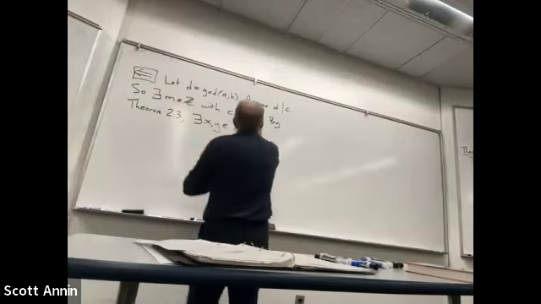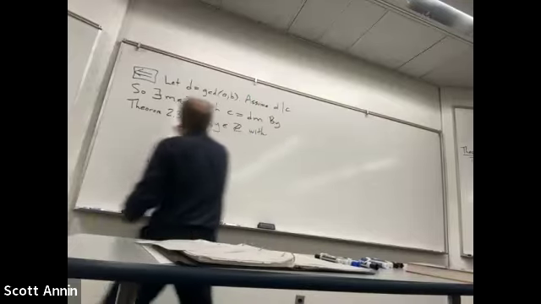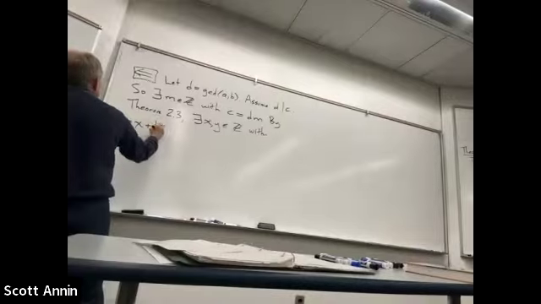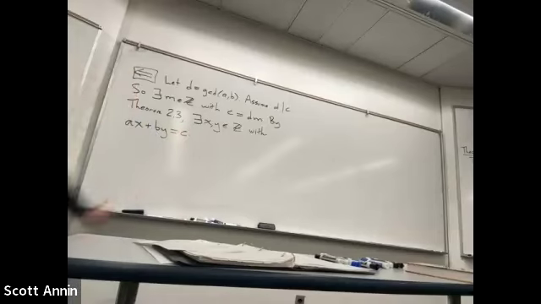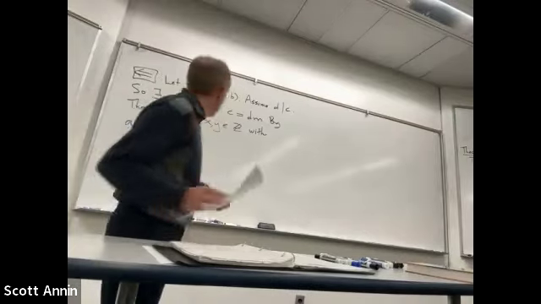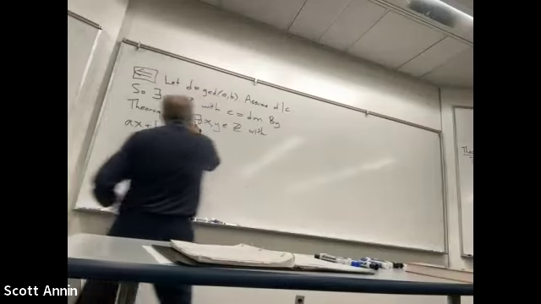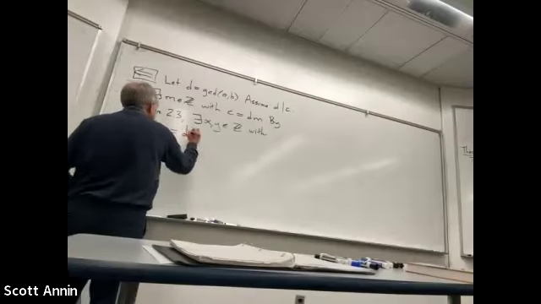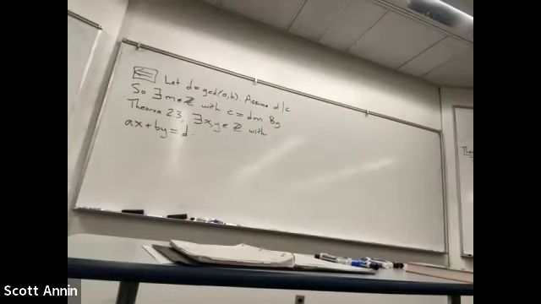So there exist integers X and Y with AX plus BY equal to, I'm sorry, equal to D. I want it to equal C. Thinking ahead a little bit too much.